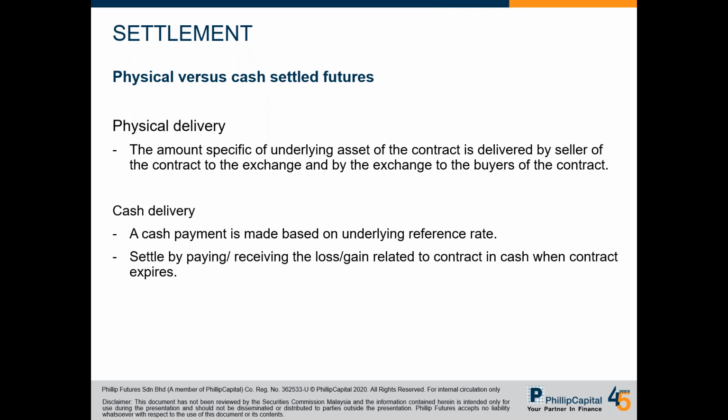Next is cash settlement. This refers to a cash payment made based on the underlying reference rate, such as the closing value of a stock market index. The parties settle by paying or receiving the loss or gain related to the contract in cash when the contract expires.